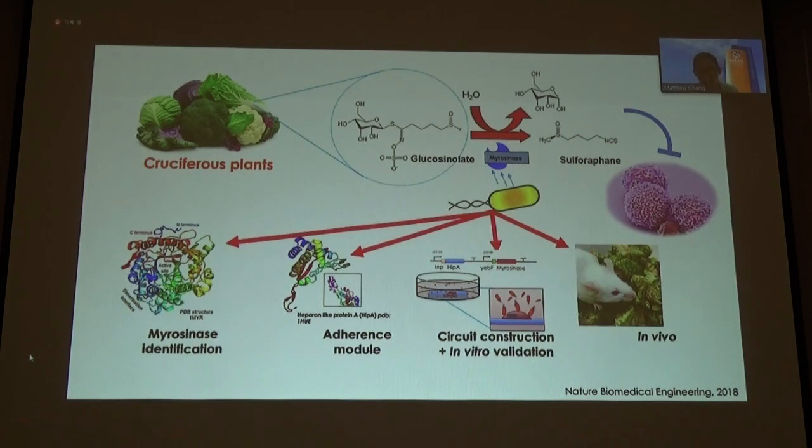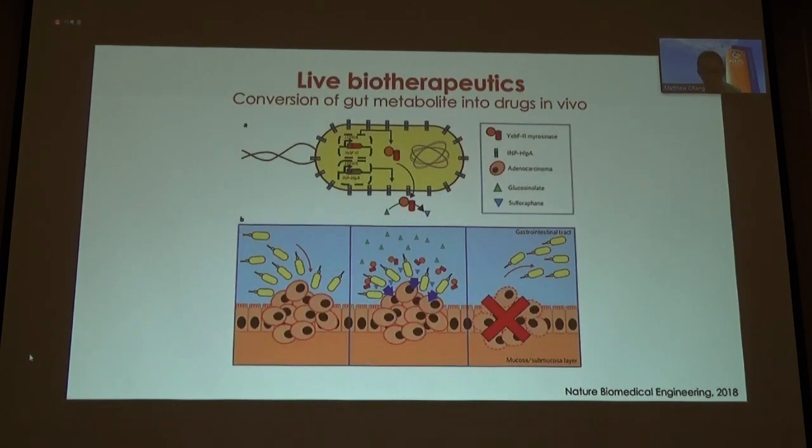This conversion can happen by an enzymatic path, but mammals, including humans, lack the enzymatic machinery that enables the conversion of glucosinolates into sulforaphane.